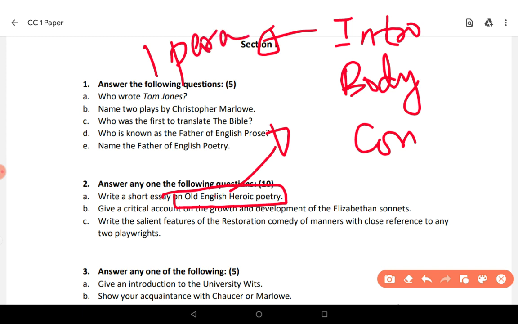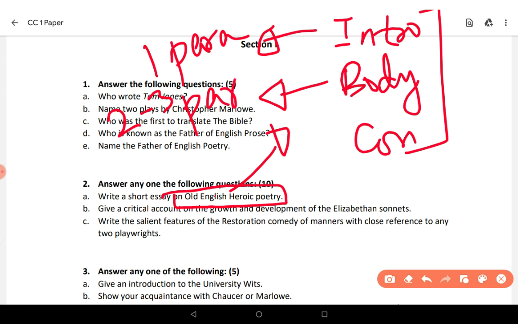This will be about the author, about the text, about the time period, and जो भी क्वेश्चन रहेगा उससे रिलेटेड 1-2 लाइन लिख देना. नेक्स्ट बॉडी में मेन कंटेंट आपका रहेगा, एंड देन कंक्लूजन. ये आपका एक फॉर्मेट रहता है. बॉडी में ट्राई करना 2 से 3 पैराग्राफ लिखने का, एंड कंक्लूजन में 1 पैराग्राफ.